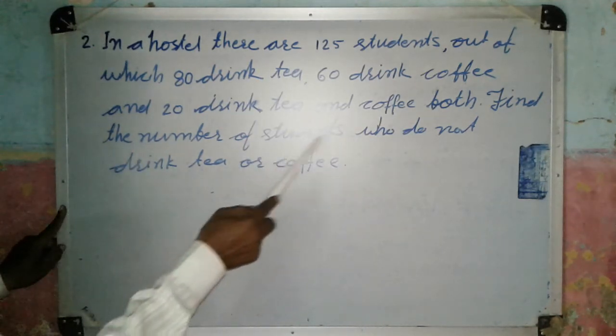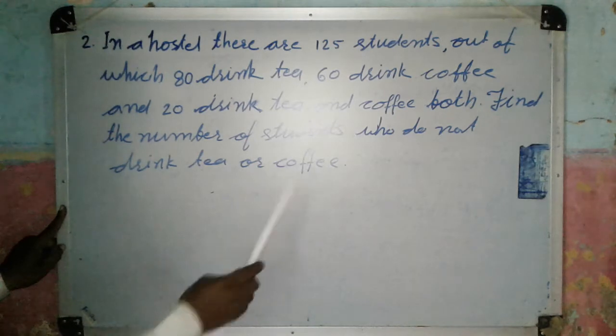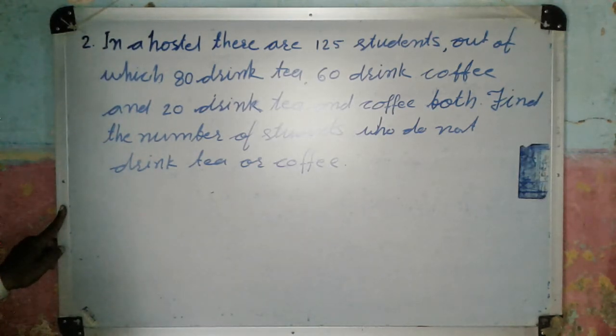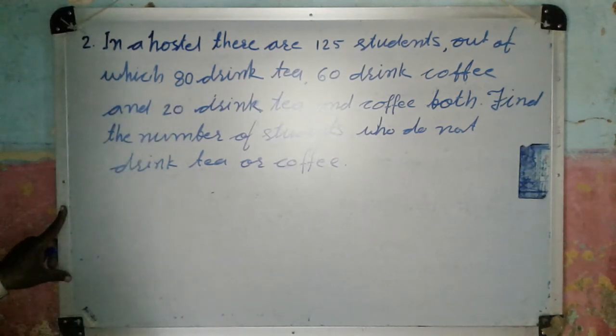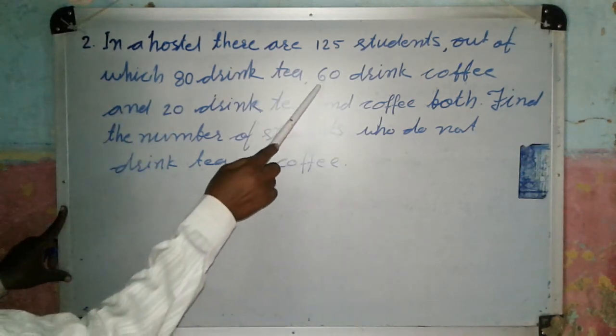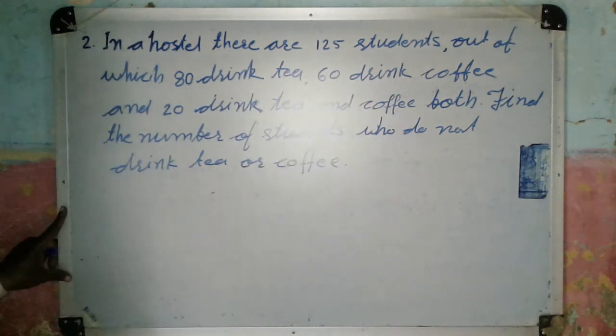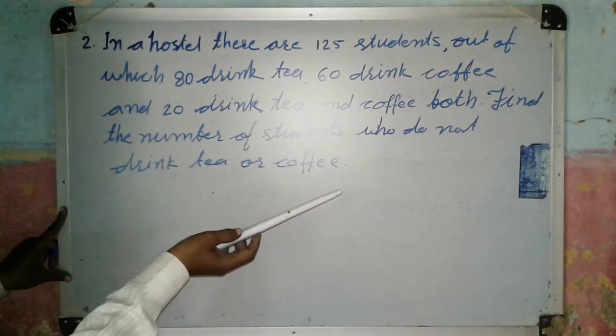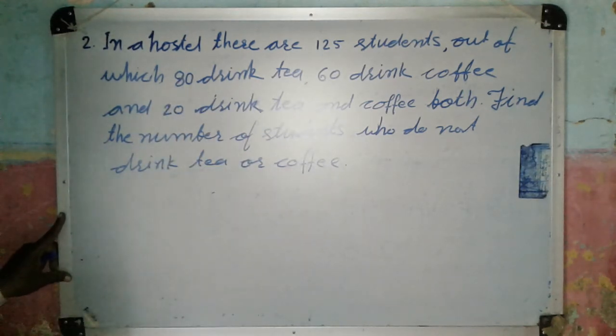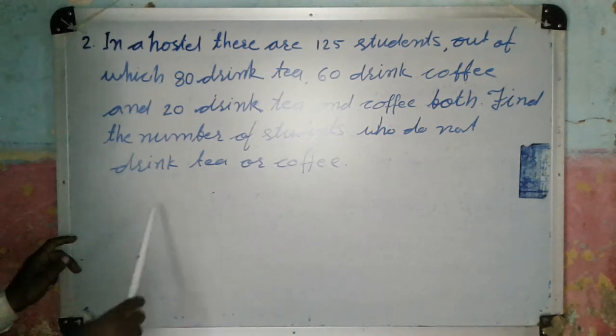Find the number of students who do not drink tea or coffee. Now here, one set is of students who drink tea. The other set is of students who drink coffee. And third set is of students who drink both tea and coffee. So we have to use here the concept of number of elements in the set. Now we will name these sets here.